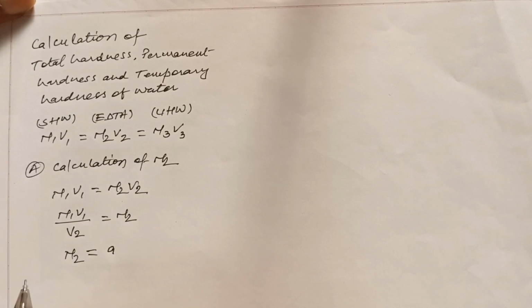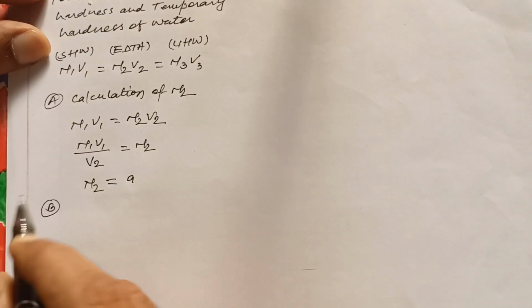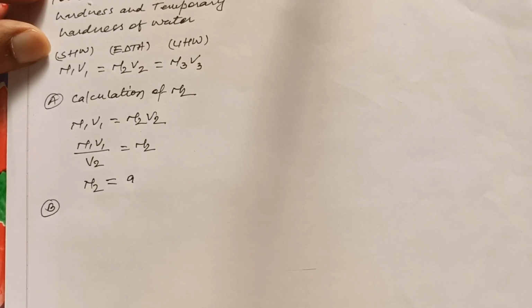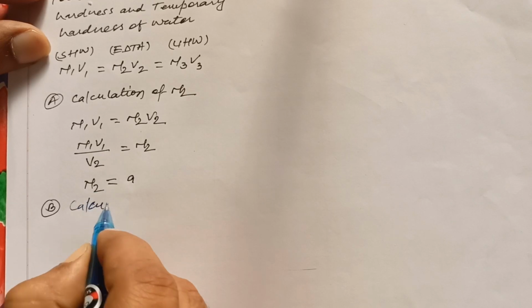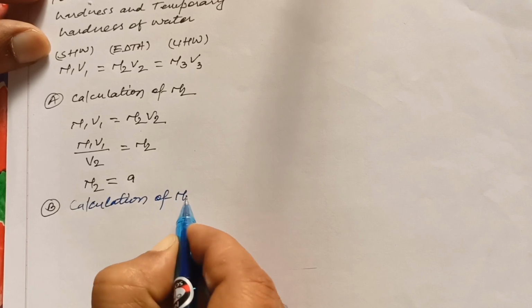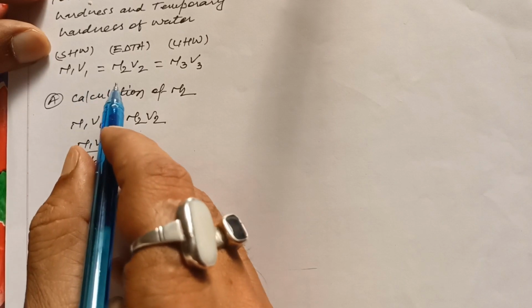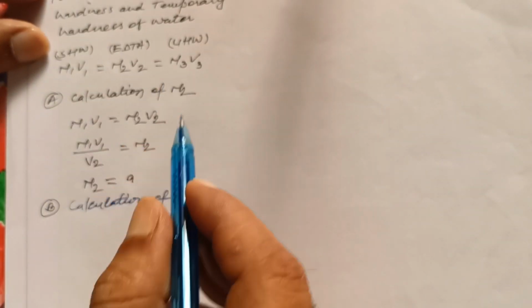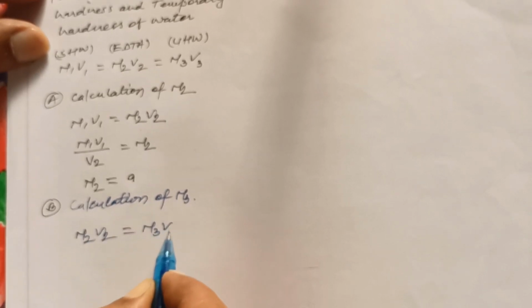Then step B. What is the second step? The second step B is calculation of N3. So how can we calculate the N3 from this formula? N1V1 is equal to N2V2 is equal to N3V3. The way is N2V2 is equal to N3V3.